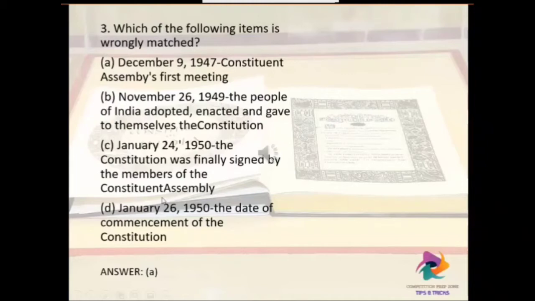C. January 24, 1950, the Constitution was finally signed by the members of the Constituent Assembly. D. January 26, 1950, the date of commencement of the Constitution. We have to find which is the wrongly matched, and the wrongly matched is A. December 9, 1947, Constituent Assembly's first meeting. It is the wrong option.